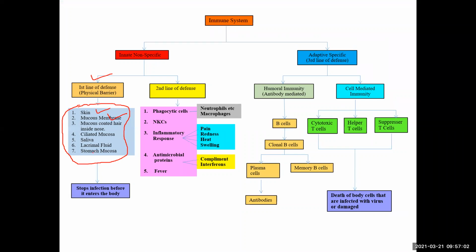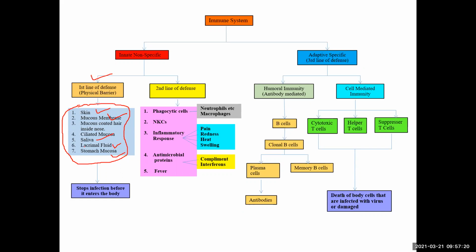Other than that, we also have the saliva or the tears or the stomach mucosa, the hydrochloric acid, or the mucin present in the mucous membrane, the mucous fluid. So all these give us immunity.